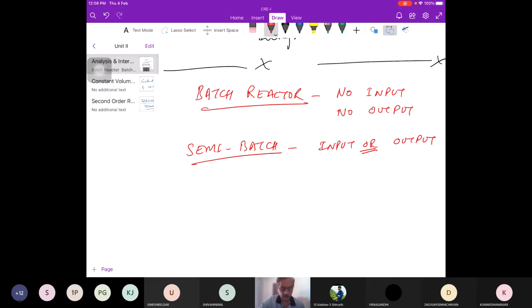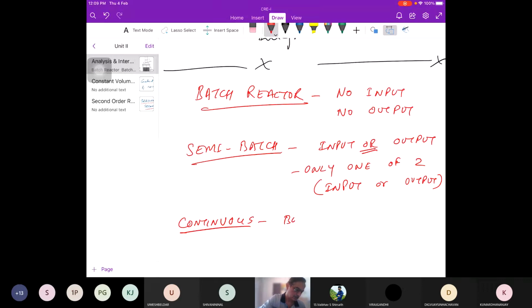So in semi-batch, there is input or output, one of the two, only one. And in continuous, both input and output.